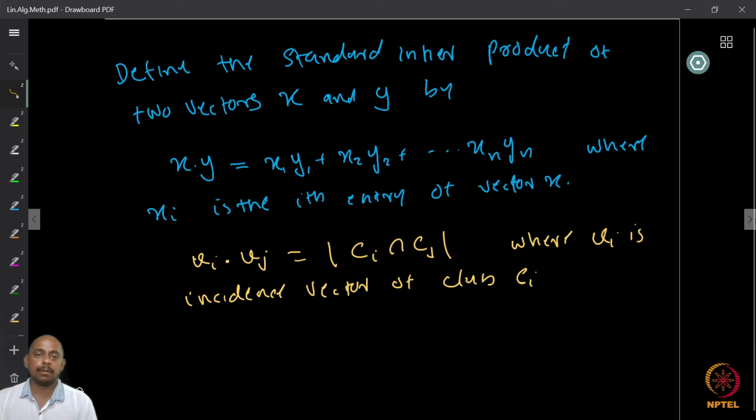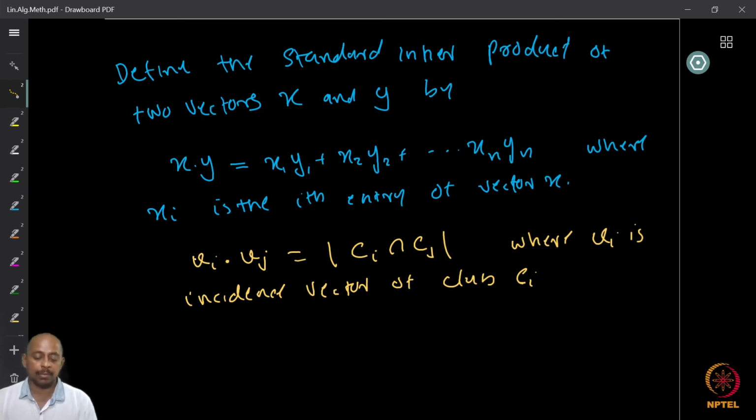Now, let us define the inner product of two vectors. If I take vectors x and y, then the vector x has n components, since n people are there. So the n positions tell 0 or 1 depending on whether the person is present or not. The inner product x dot y is defined as the term by term product: x1 y1 plus x2 y2 plus etc. up to xn yn, where xi is the ith entry of the vector x.